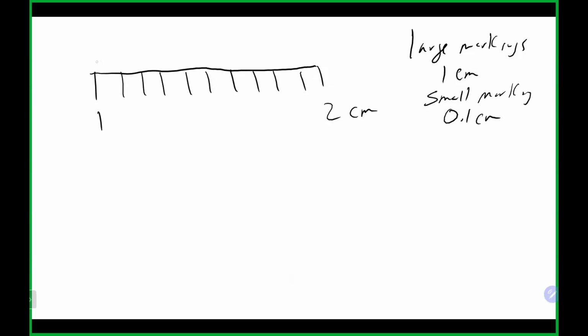And let's just say I had an arrow, same thing, dead on that marking. And that is 1.1, 1.2, 1.3, 1.4, 1.5, 1.6, 1.7, 1.8, 1.9.